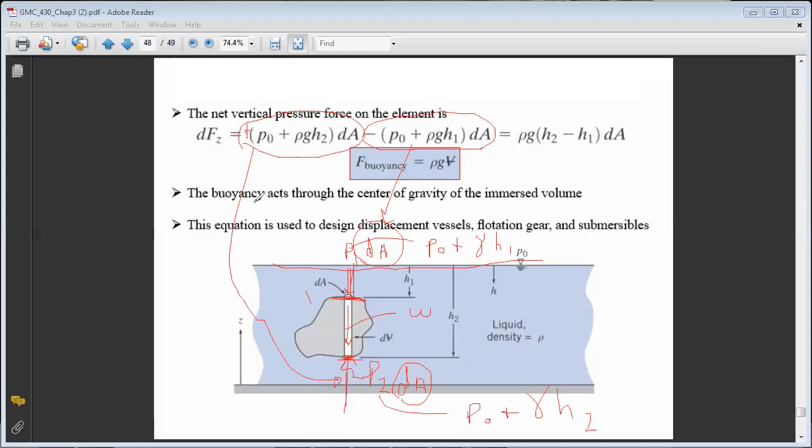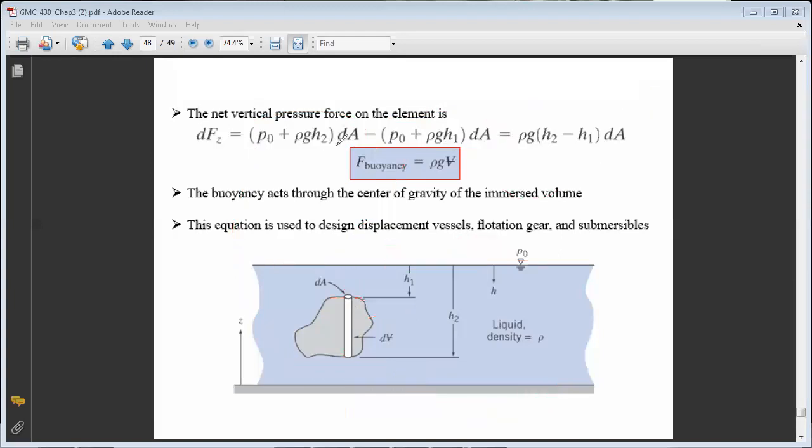From these two, I should subtract the weight of the body I am considering. This is the body I am considering here. And this is equal to 0. If you take the weight of the body to the other side, you will get the following: P0 plus rho g H1 times dA.